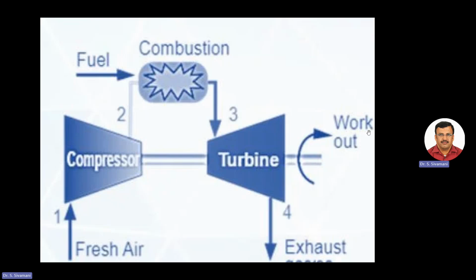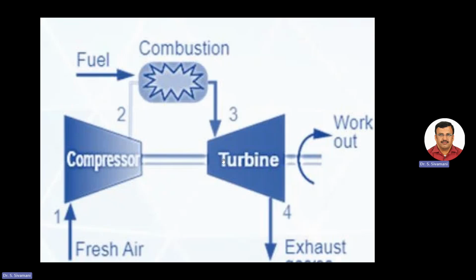generated. As I told you in the previous video, some part of the turbine power is used to run the compressor also, so the compressor and turbine are connected through a shaft. Whatever power is generated by the turbine is used to run the compressor, as well as for generating the power.